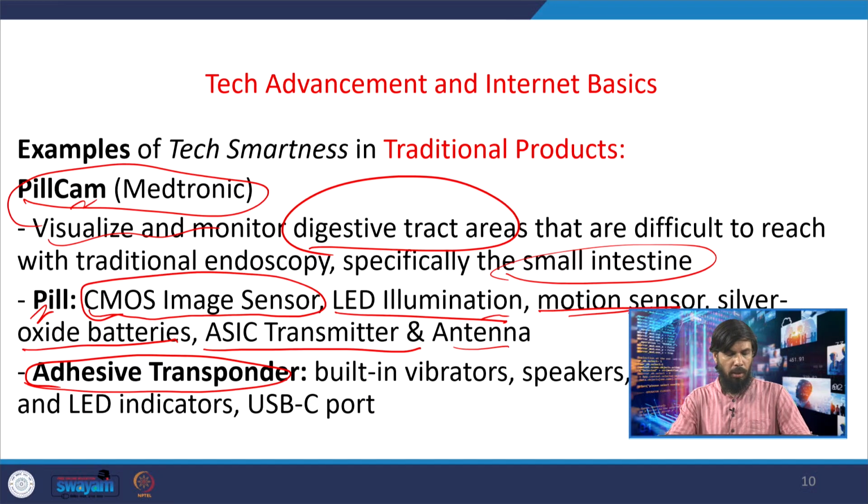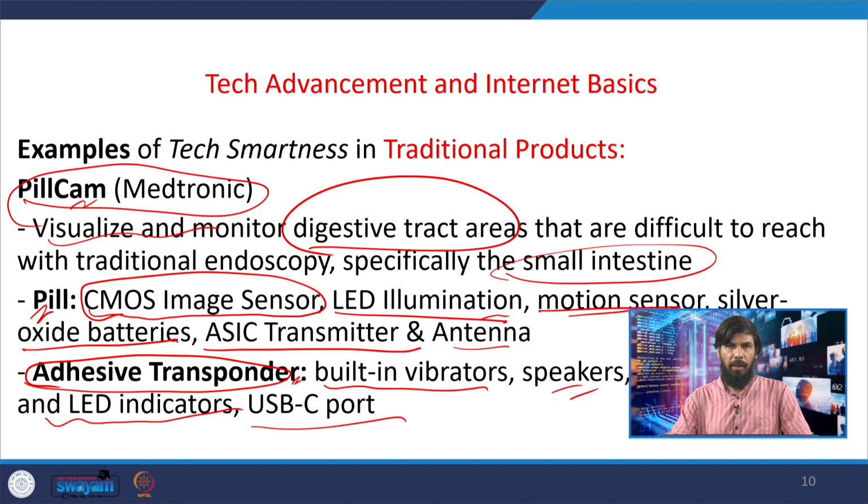So all the imaging data that is captured by the pill can be transmitted to this adhesive transponder, which can have its own computing elements, for example built-in vibrators, speakers, and LED indicators, and a USB-C port to take all that data back to the computer and the software for the analysis of the images.